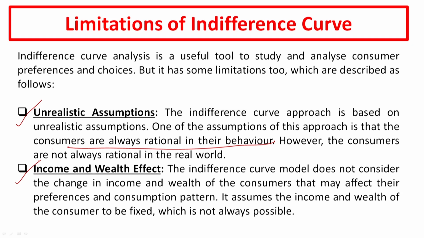So, what will happen? When the income of the consumer increases, definitely it is going to bring some changes in their behavior, in the behavior of purchasing and consuming the commodity, their taste, their preference and likes. Because when you have, then only you can spend. And when you don't have, then you can't spend. So income and wealth do change in the real world. But this theory assumes the income and wealth need to be constant.